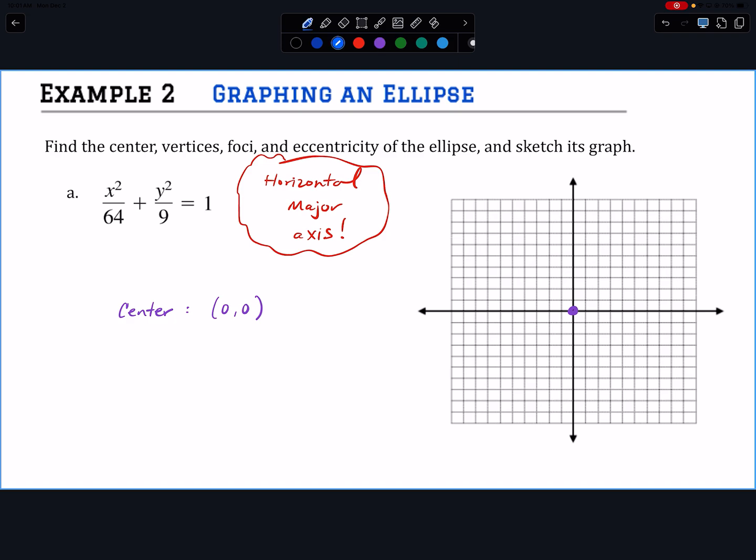This is the larger number, so this is our a squared, which means that this is our b squared. So a is equal to the square root of a squared, which is 8. And b is the square root of b squared, which is 3.